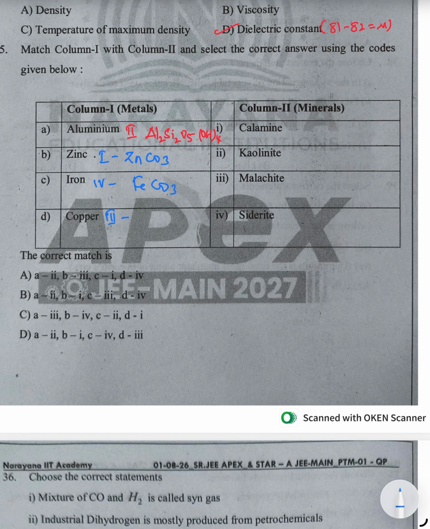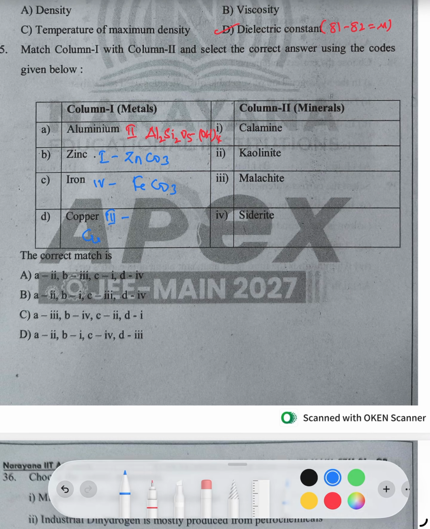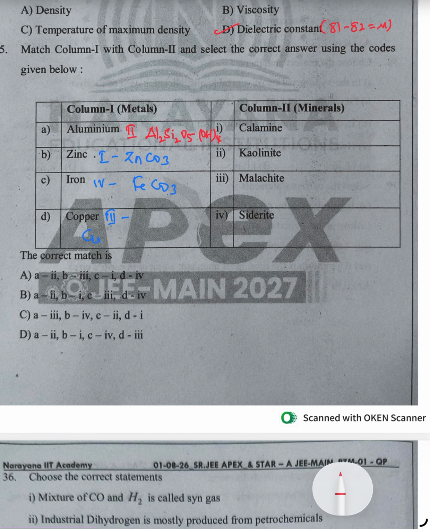So it is a carbonate and hydroxide of copper. That is copper carbonate CuCO3 dot copper hydroxide. So 2143. 2143, that is D option is correct.